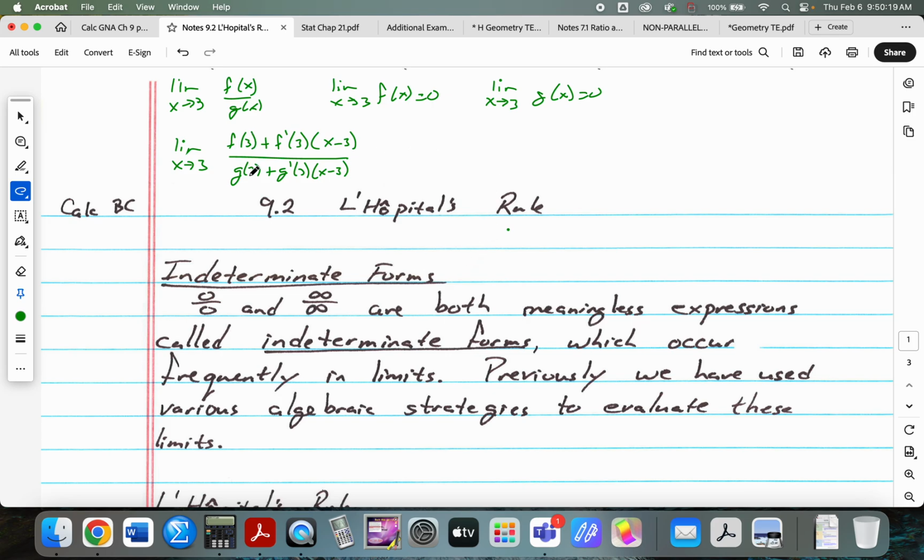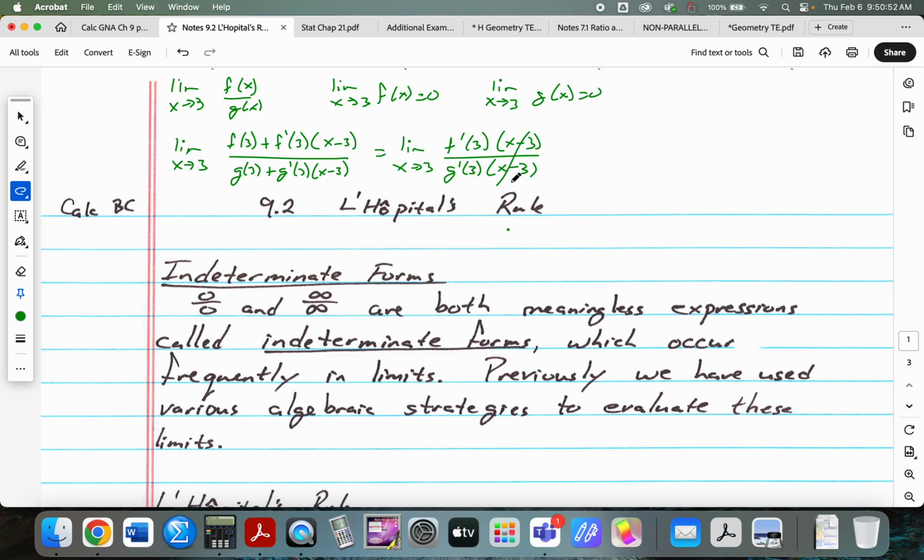Well, we know both of these are going to 0, right? So I can drop those off. And even though both of these are 0 at x equals 3, everywhere else those are equal to 1, right? Remember, a limit, we don't care what happens at the point, we care what happens near the point.